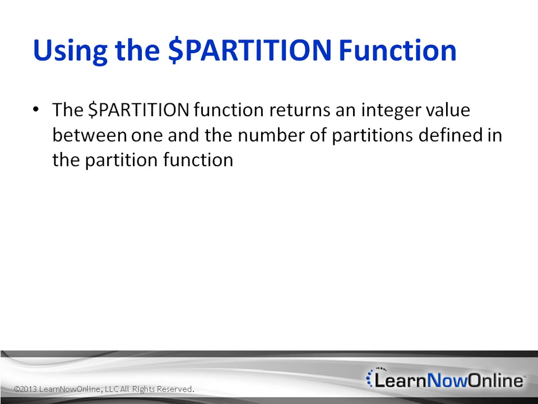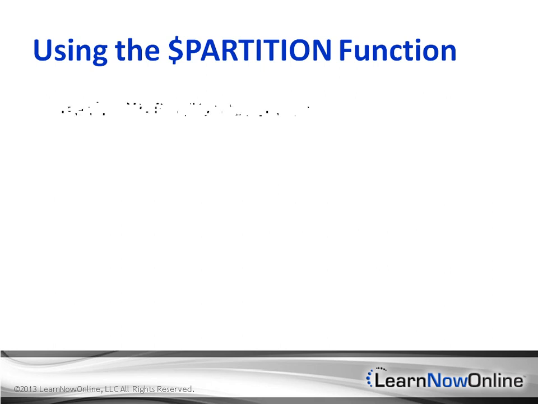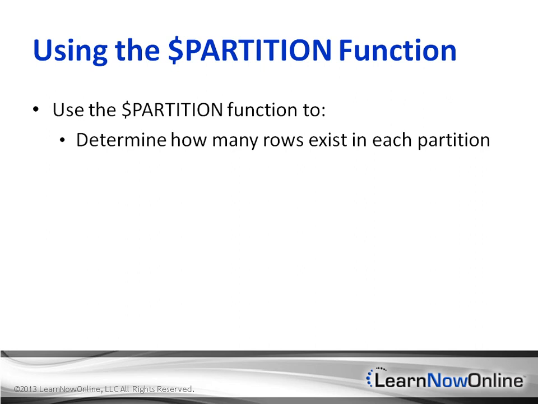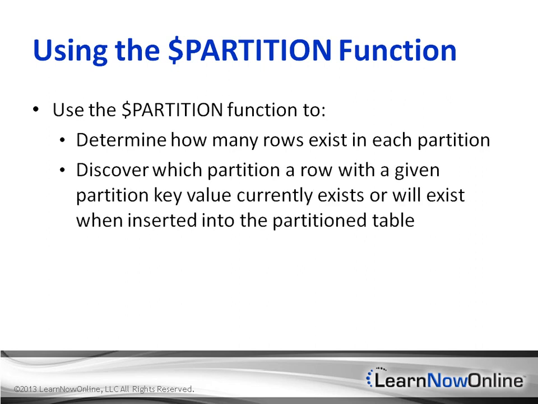The partition function returns an integer value between 1 and the number of defined partitions in that particular partition function. We'll use the partition function to determine how many rows exist in each partition. We can use that function to discover which partition a row with a given partition key value either exists in or will exist in if it's inserted into the table.